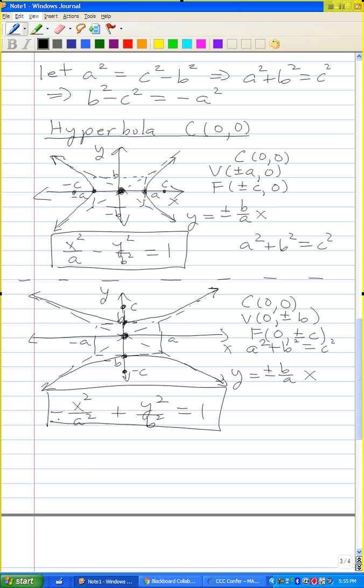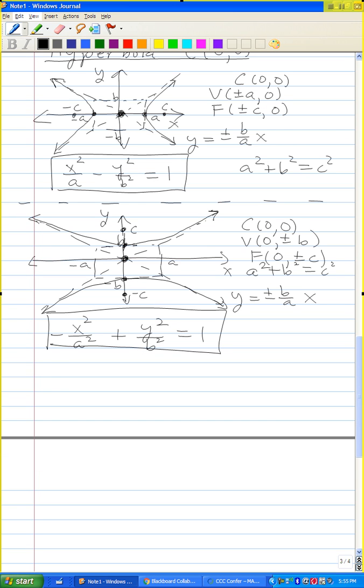Suppose I have instead a hyperbola centered at the point (h, k). Then all you have to do is translate this.